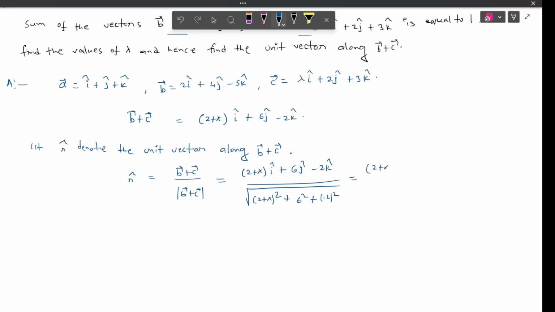So this is 2 plus lambda I cap plus 6j cap minus 2k cap divided by square root of 2 plus lambda whole square plus 36 plus 4. It is 40. So let me write 40.